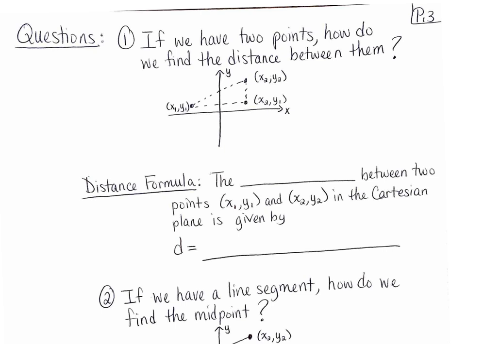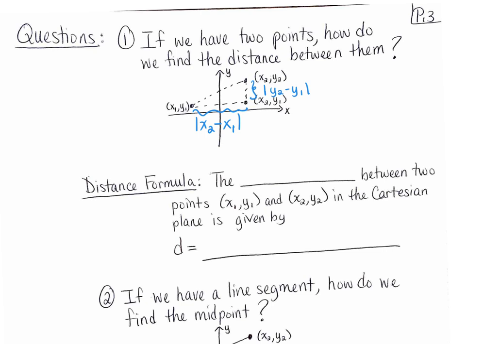Notice that this change in distance here is the absolute value of x sub 2 minus x sub 1. Then this vertical change in distance is the absolute value of y sub 2 minus y sub 1.